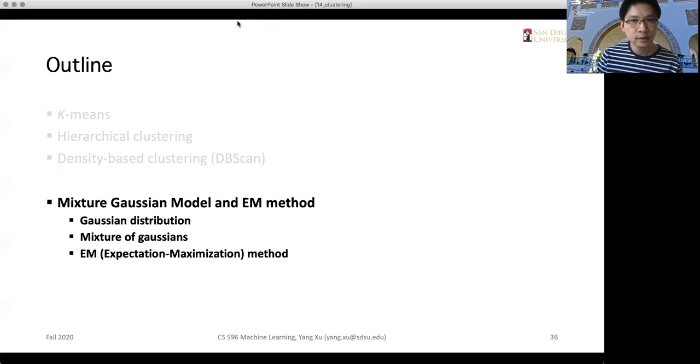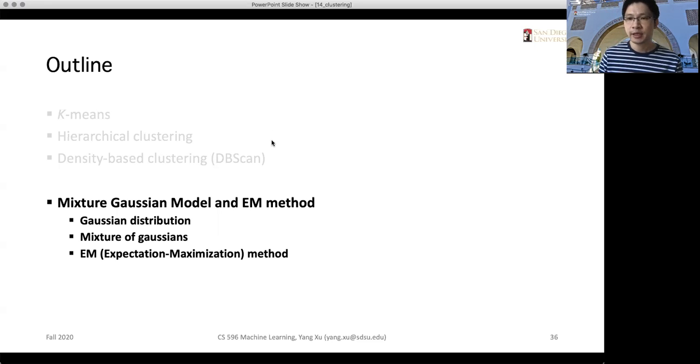All right, so let's look at this mixture Gaussian model. I list the mixture of Gaussian and the EM method in this chapter with the other clustering algorithms because the mixture Gaussian model is indeed used as a clustering algorithm. And there's a major difference.